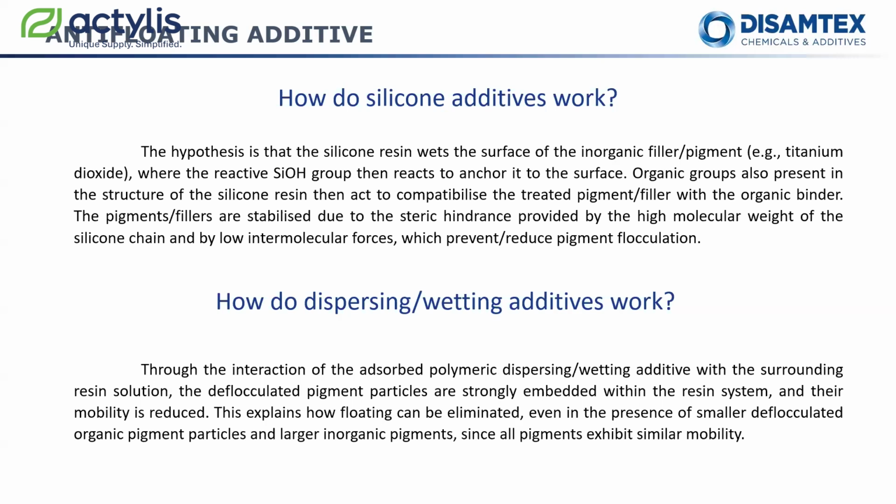Dispersing and wetting additives surround pigment particles with polymer chains, and this locks pigments into the resin matrix and limits their movement during drying. So as a result, all pigments behave similarly, preventing both floating and flooding defects.